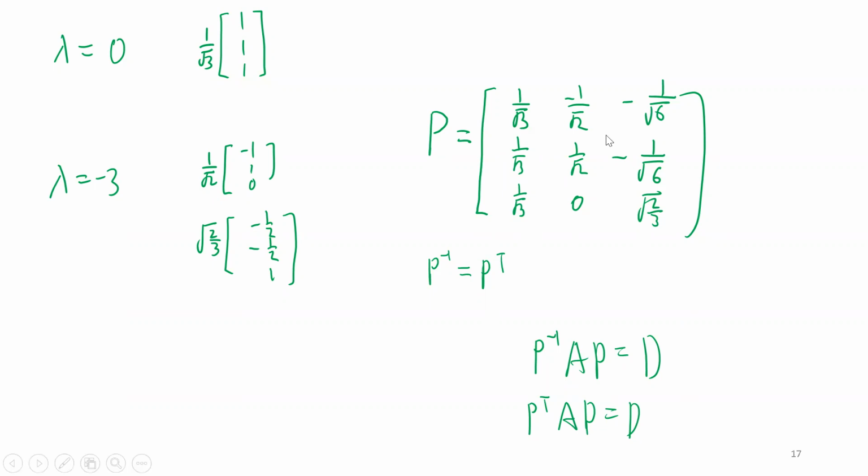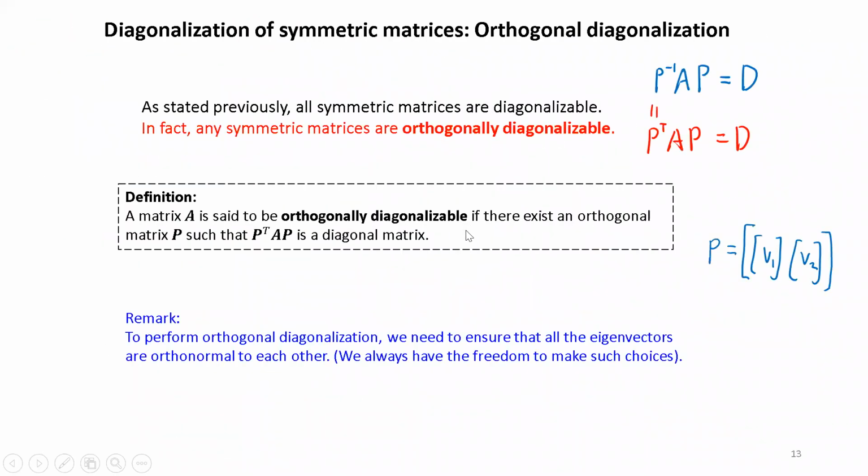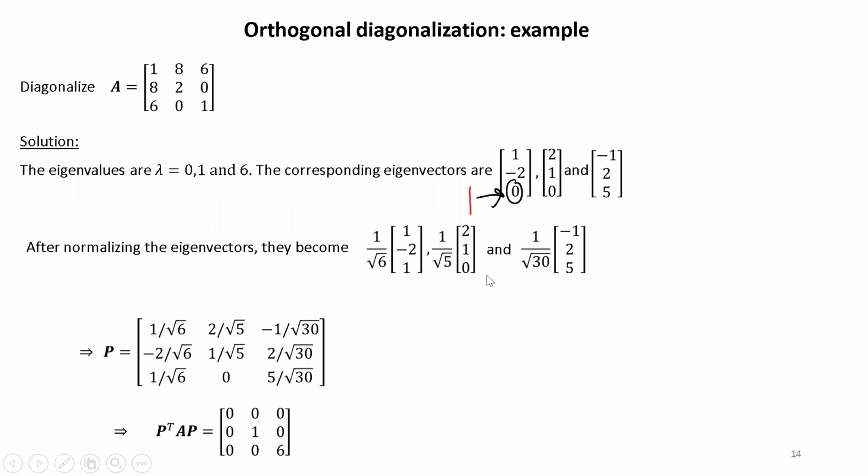Again, if you don't have degenerate eigenvalues, life would be much easier, because in that case you don't have any choice in picking the linear combination for the eigenvector. So you just need to remember to normalize each of the eigenvectors.